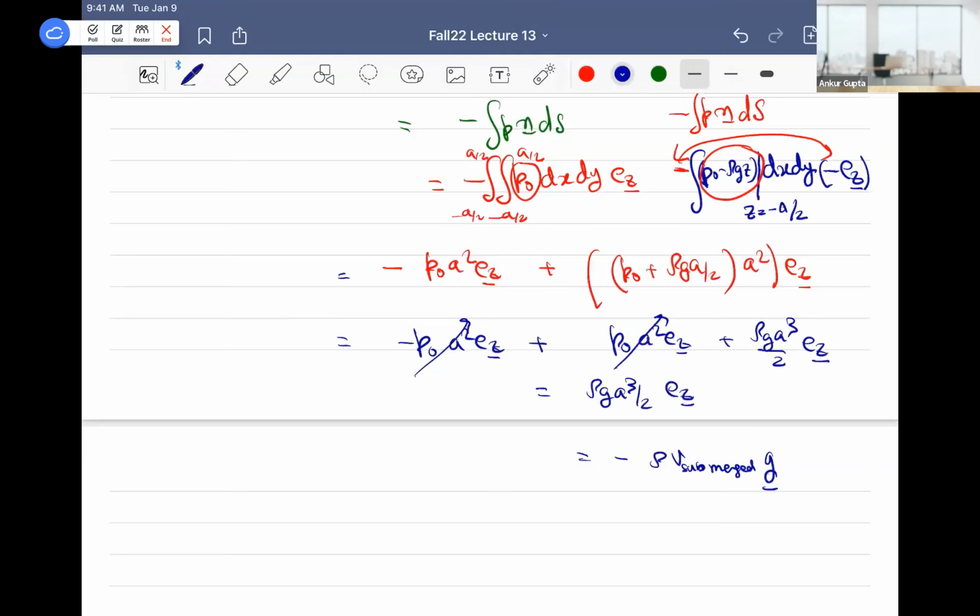Oh, yeah. So that's because of the minus e_z. If I understood your question, there's a minus and a minus here. So that's why it becomes a plus. Below that, though, it's also minus rho g z, and z is minus a by 2.